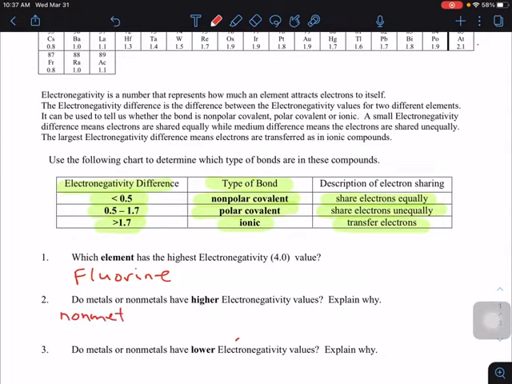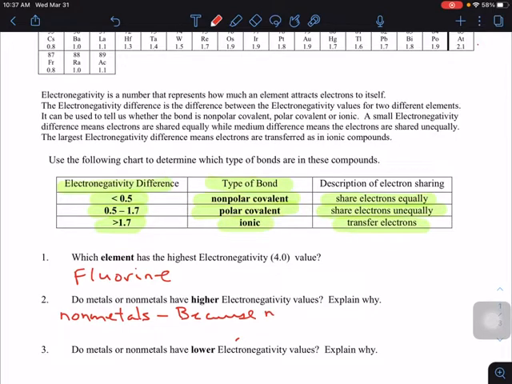have a higher electronegativity. The reason why is because they want to gain electrons in order to have a stable octet.